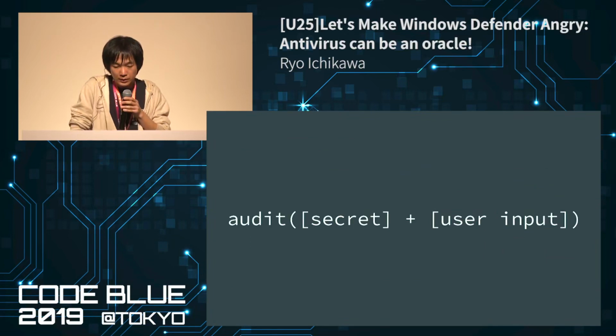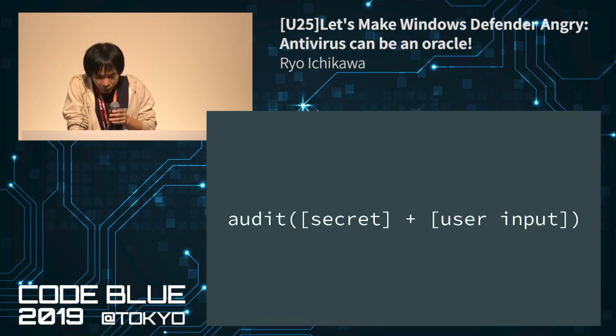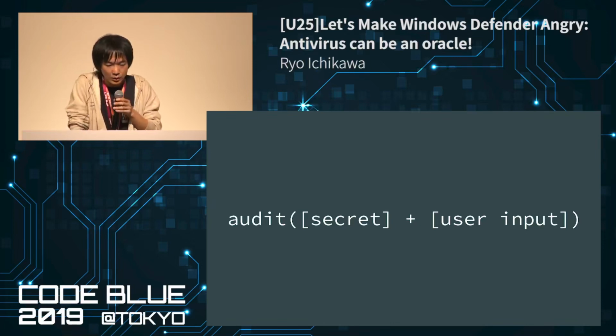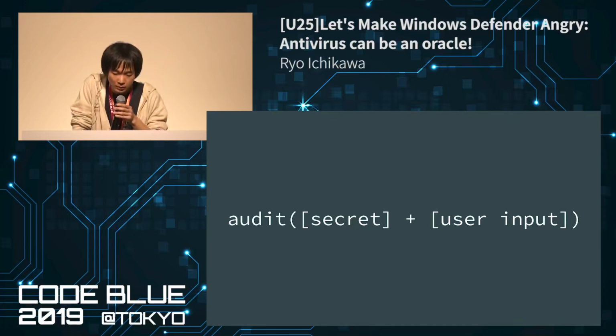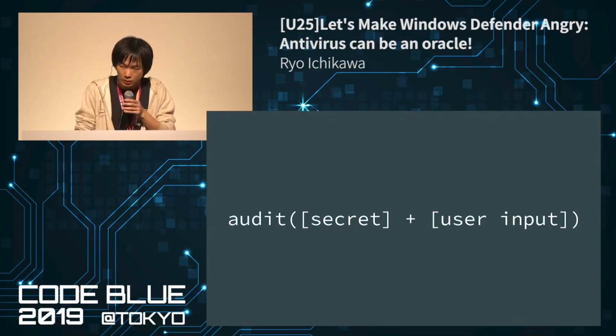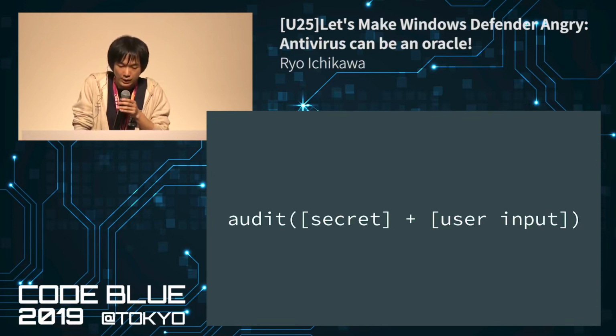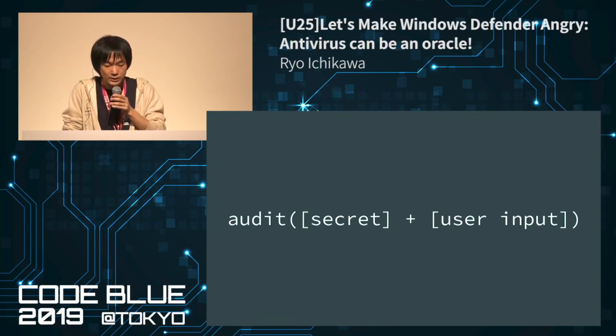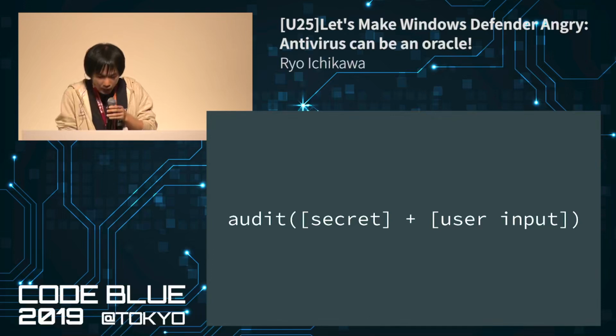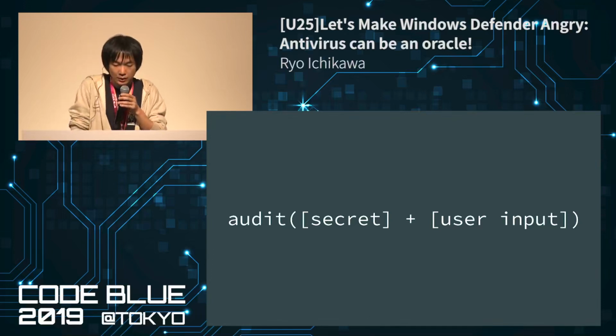So let's think about this: auditing data where secrets are combined with user input. In this context, user input means just controllable data like username, email, and so on. Sometimes this case happens, like when a database stores all information in a single file. In this case, other users' information will be secret. Audit means just checking the content of a file, like antivirus.